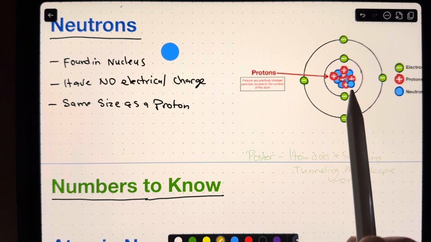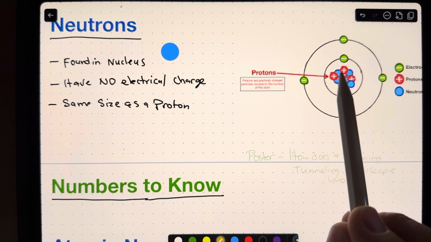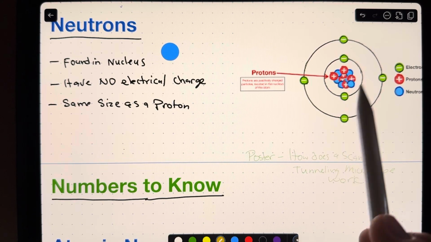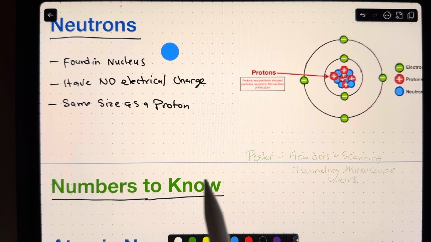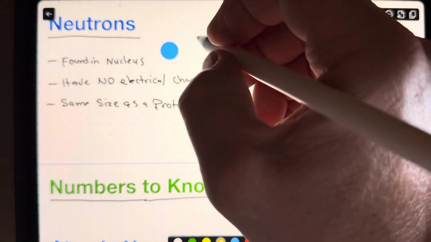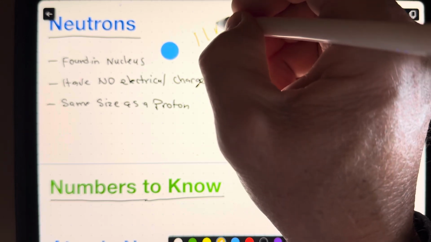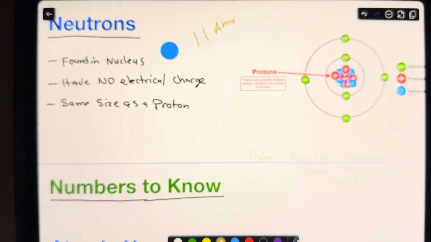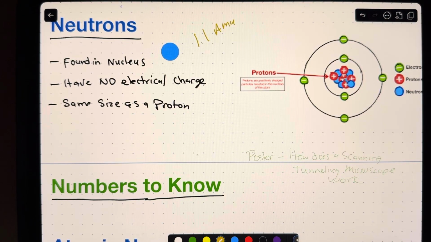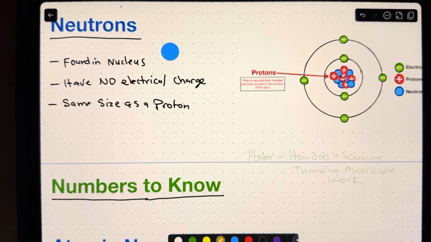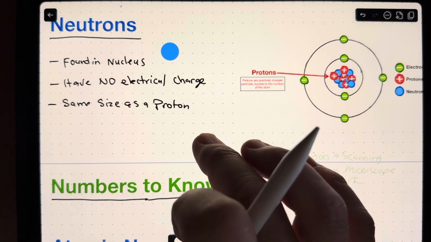And it's found in the nucleus, so you can see that right there with the protons, there's the neutrons, right? No electrical charge, and they're about the same size as a proton. Actually, they're just a touch bigger, and so it would be like 1.1 AMU. So they have mass, they're adding weight, adding some oomph, and so keep that in mind. So that's a neutron. Proton, electron, neutron.